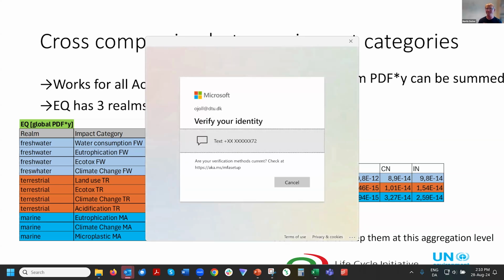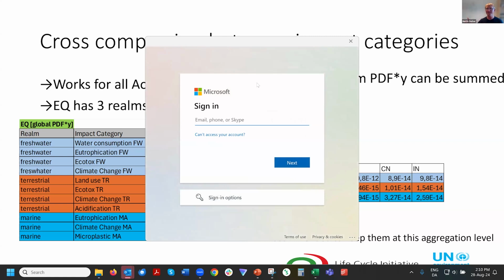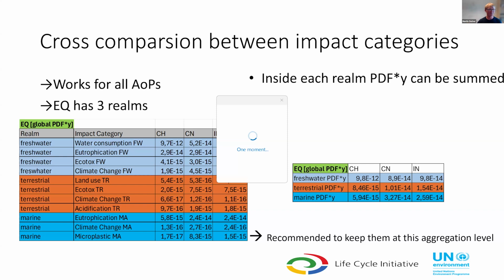And here the recommendation from the ecosystem quality task force is actually to keep them at this level and not to do any further aggregation, so that we're really looking at terrestrial, freshwater, and marine individually. I think that also makes sense if we think about biodiversity targets or aims, since they might not behave in the same way. And this is also what we see here in the results for freshwater and terrestrial.